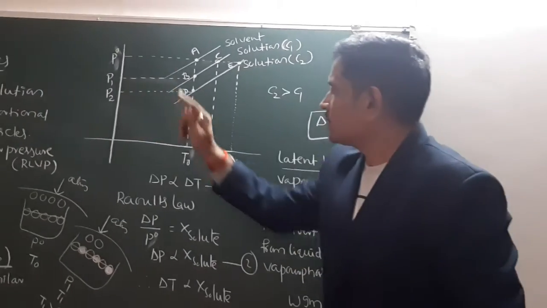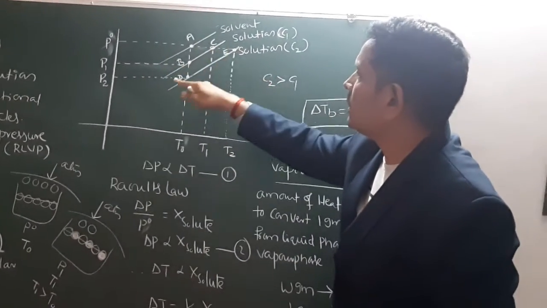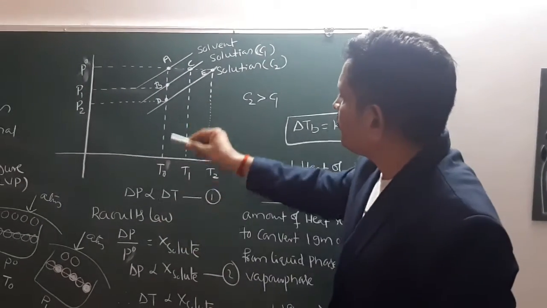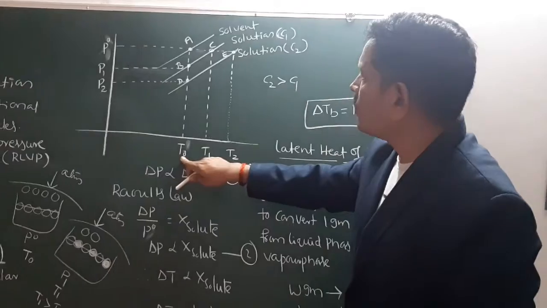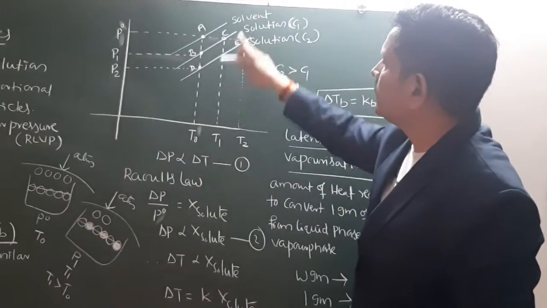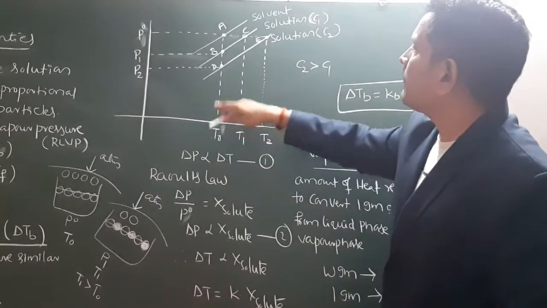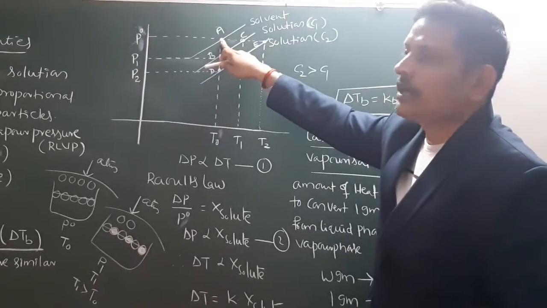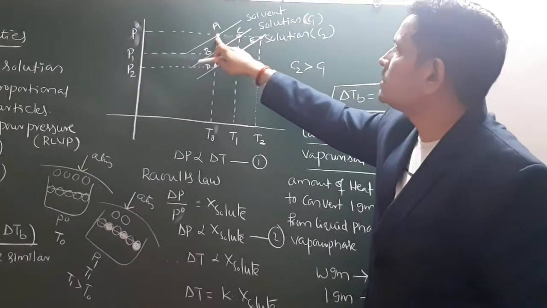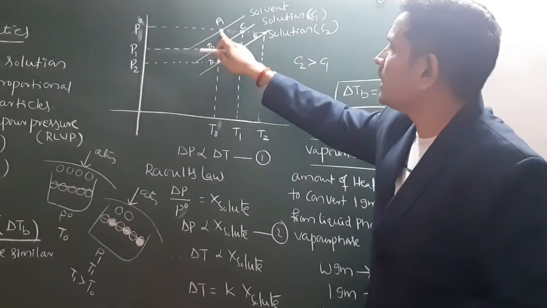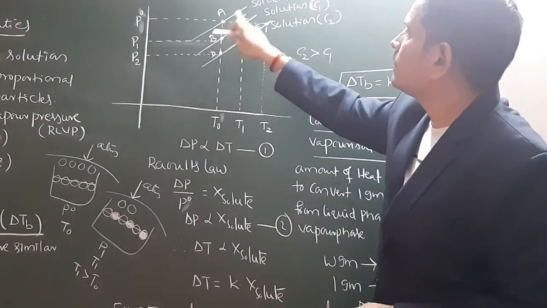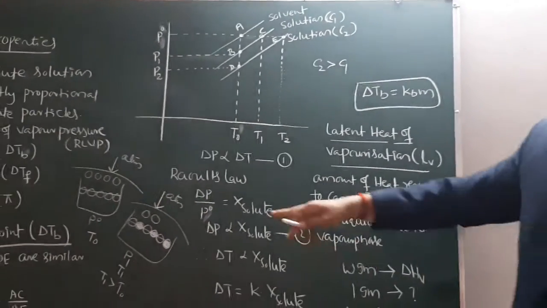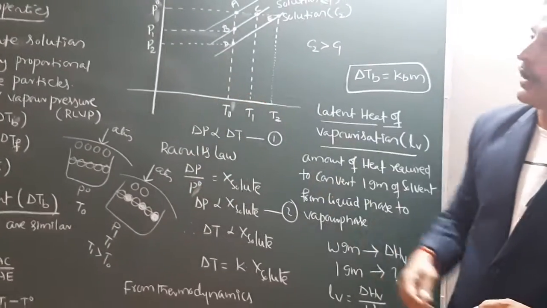Their vapor pressure and temperature curves are represented like this. At temperature T0, this is called the boiling point of the solvent. At T0, the vapor pressure of this pure solvent becomes equal to atmospheric pressure. This is the boiling point of pure solvent. We already discussed that the solution boiling point is more than the solvent boiling point.